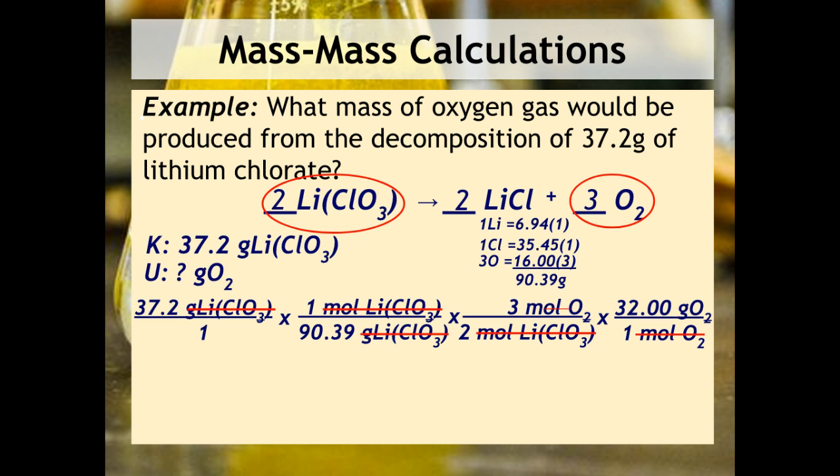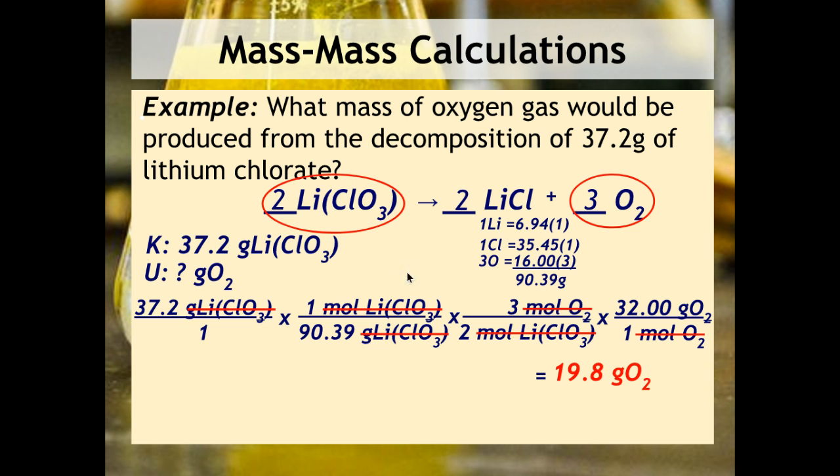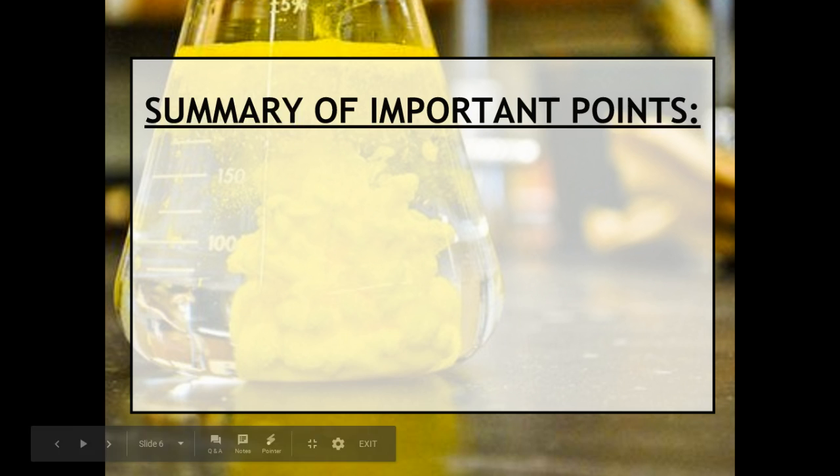My moles of O2 will cancel out. I'm left with grams of oxygen. Plug and chug in your calculator, and you will get 19.8 grams of O2. I have 3 significant figures in my final answer. That is correct. Pretty picture.